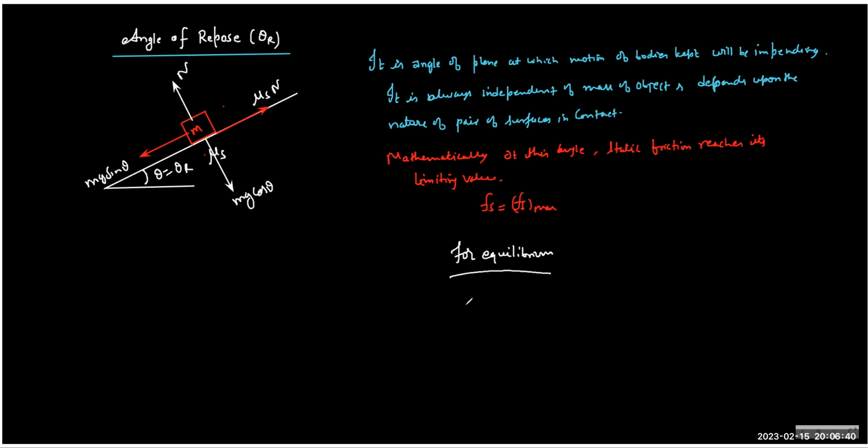For equilibrium, mu s mg cos theta is equal to mg sin theta, and then you can see the mg gets cancelled. What you're getting is tan theta equals mu s. And this is a very interesting phenomenon, that tan of the angle of repose is the same as mu s.